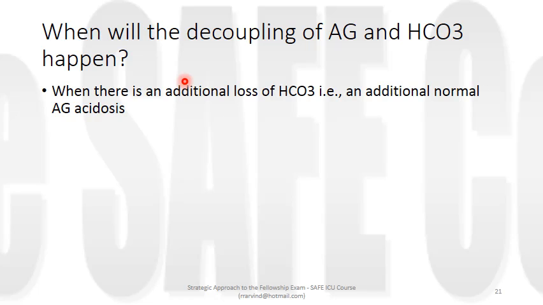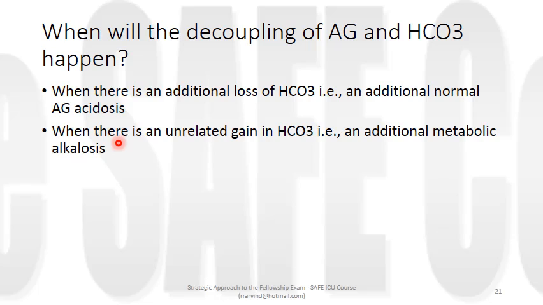It can happen when, in addition to the high anion gap metabolic acidosis, there is an additional loss of bicarb, which is an additional normal anion gap metabolic acidosis, essentially HAGMA plus NAGMA, or when there is an unrelated gain in the bicarb, that is, when you have a HAGMA, a high anion gap metabolic acidosis, plus an additional metabolic alkalosis.